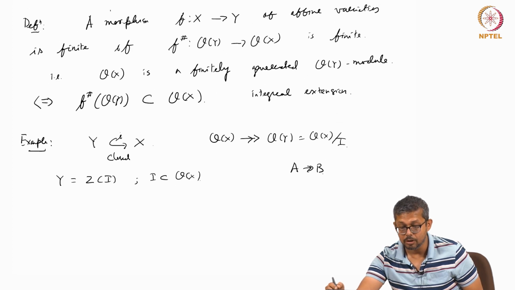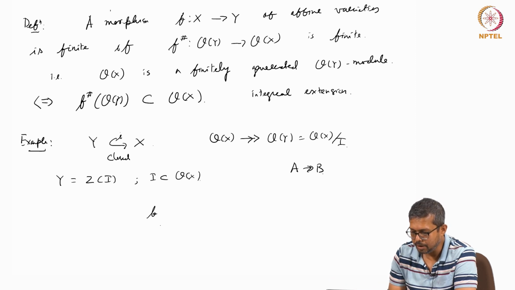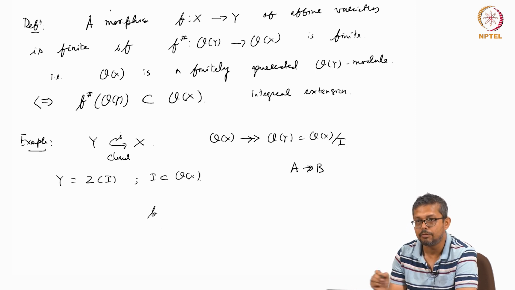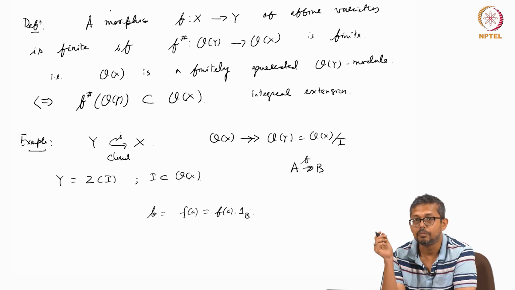Take 1 as the generator. Take any element of B. Because it is surjective, every element you can write as f(a), but f(a) is nothing but f(a) times 1 of B. So 1 is the generator.